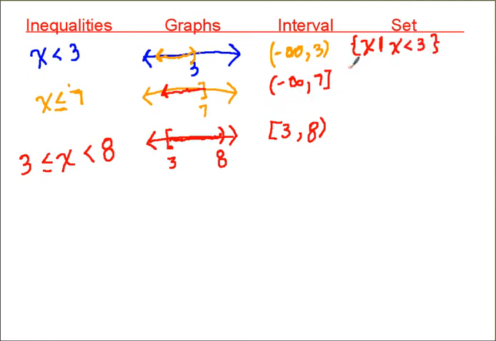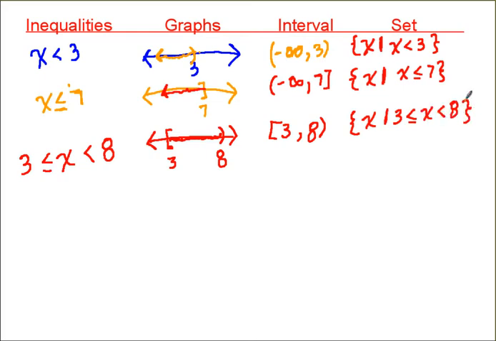Same thing here, I would have x, and then I have my vertical bar such that x is less than or equal to 7. And last but not least, x, vertical bar, 3 less than or equal to x less than 8. I have all x such that x is between 3 and 8.